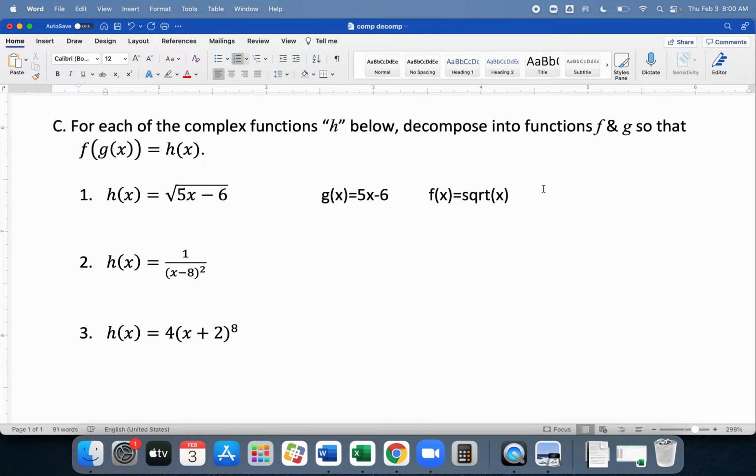Now, there are kind of three processes here, order of operations wise: multiply by 5, then subtract 6, then take a square root. So we could potentially split it into three parts, or I could have had the minus 6 as part of f. This would also work, right?